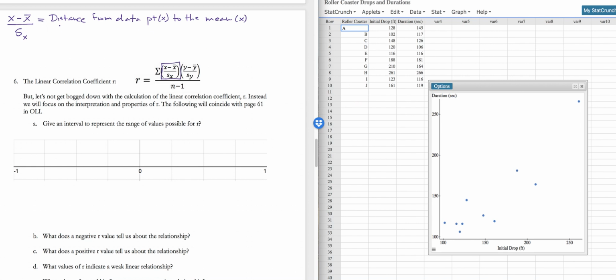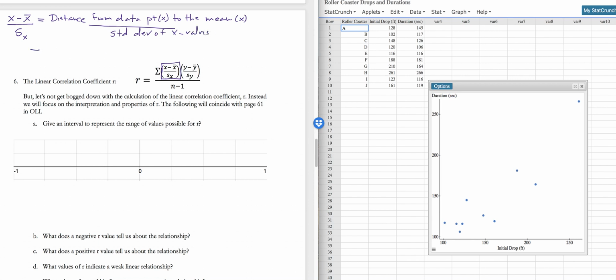What we're doing here for the x's, we would then also do for the y's. So this distance is being divided by the size of the standard deviation of the x values, since we're dealing with the x values right now.